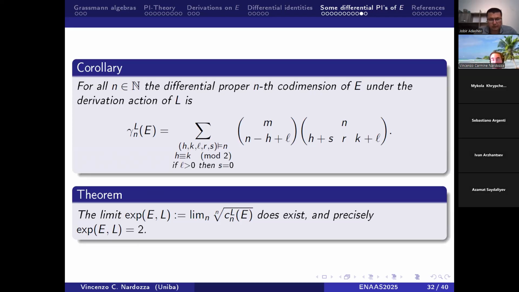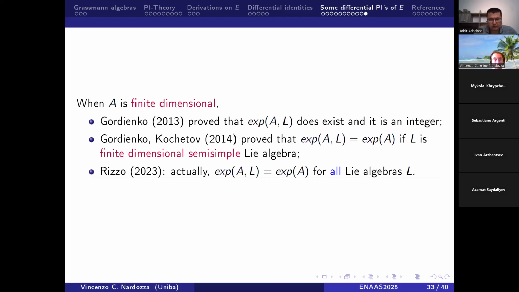Okay, this is not really surprising from my point of view, because when A is a finite dimensional algebra, Gordienko already proved that the differential exponent of A does exist and it is an integer. Later Gordienko and Kochetov proved that not only does it exist and is an integer, but it equals the ordinary exponent of the algebra A when L is finite dimensional and semisimple.